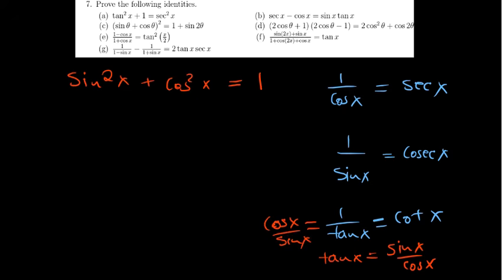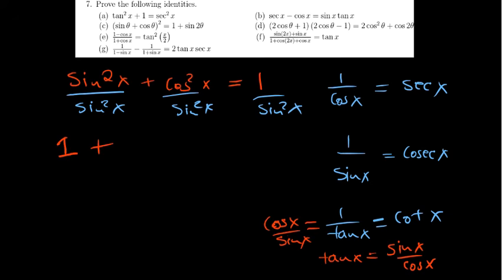Okay, so if we are to divide by sine squared in this entire equation, what are we going to get? For the first one, we have sine dividing into itself, we get a 1. And then for the second part, cosine over sine is the reciprocal of tan, which is cotangent of x, so it will be squared.